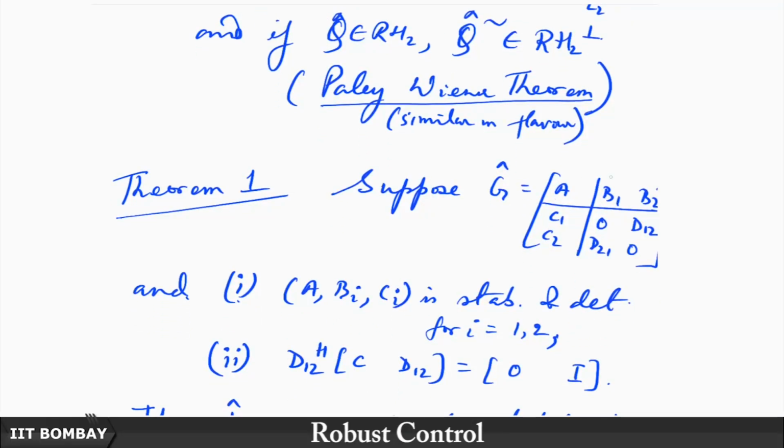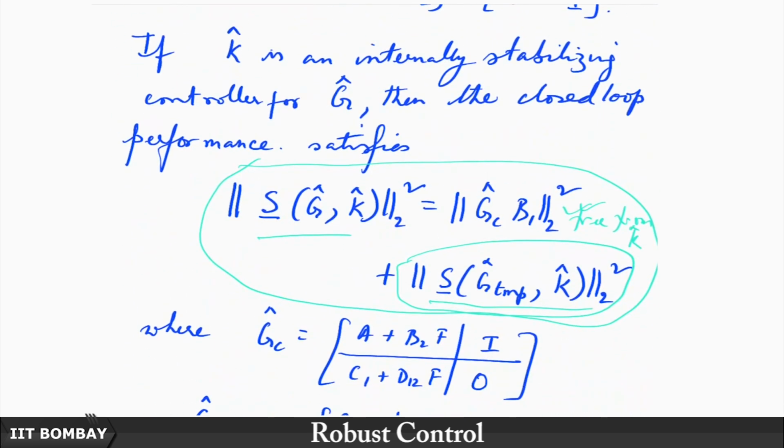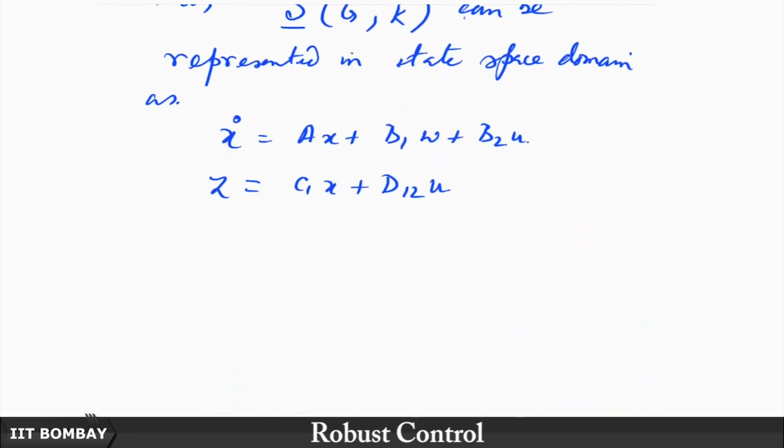So, this is X, W. You can just, for shorthand notation, check this is X, W and this is X, W and U, and this is X. So, if you read through the horizontal lines, the first block is X, then is W, then it is U. If you read vertically along the rows, this is X, this is the output Z, and this corresponds to the output Y, right.